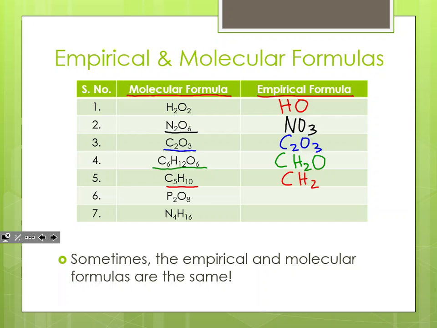You kind of get the idea now. Let's just go over 6. That one's going to be PO4. Divide them both by 2 here. And then last but not least, the common factor in 7 is a 4, so this is going to be NH4. Okay, so I'd like you to move on to the next one and try some on your own real quick. Answer that question there.